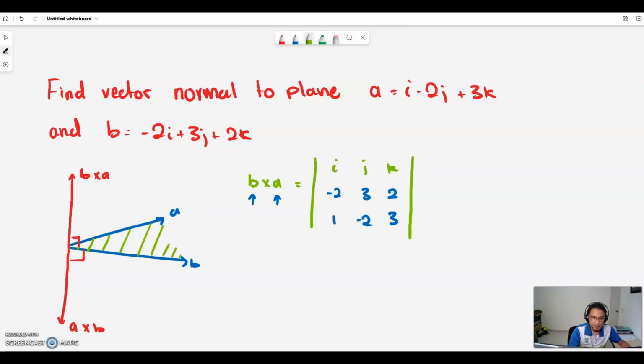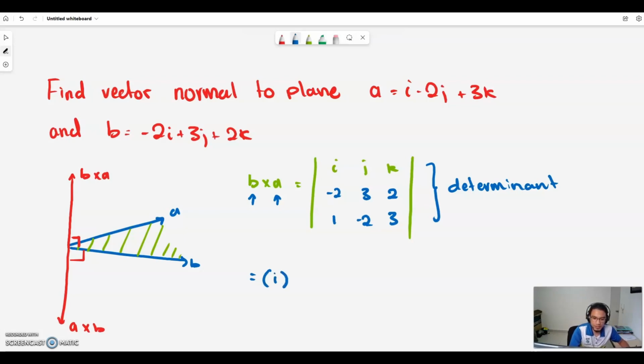Once we have changed it into the form of a matrix, in order to find B cross A, we solve it like we solve for the determinant of a matrix. We choose the first row.